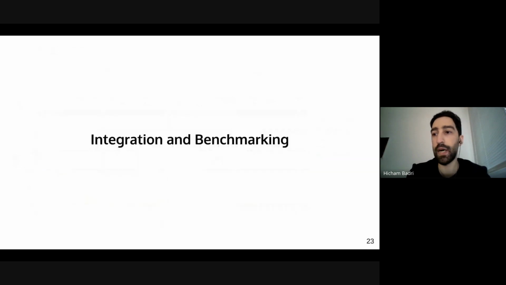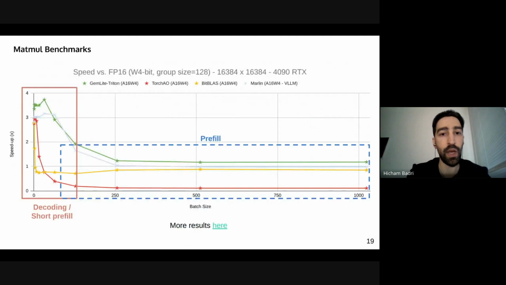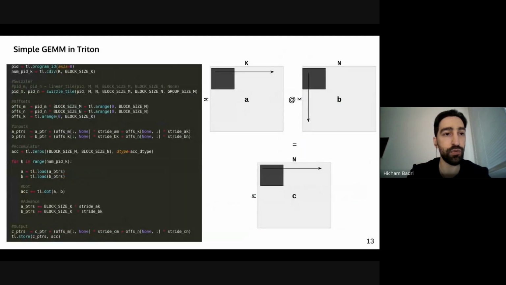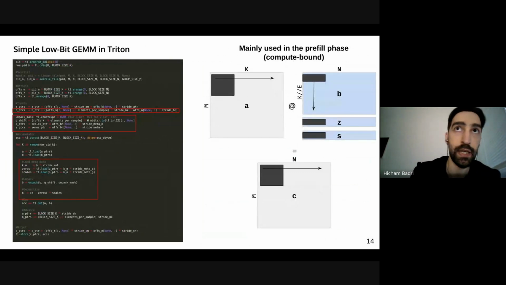All right, so at this point we saw these algorithms, how to write the low-bit mathematics. First of all, we saw quantization, going from unquantized weights to these WQ, zeros and scales.